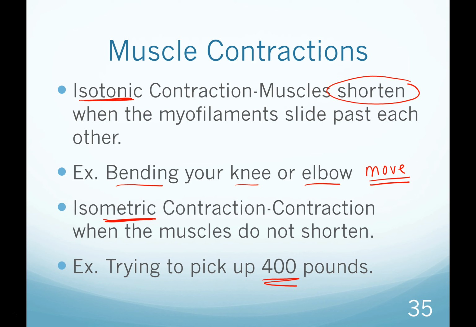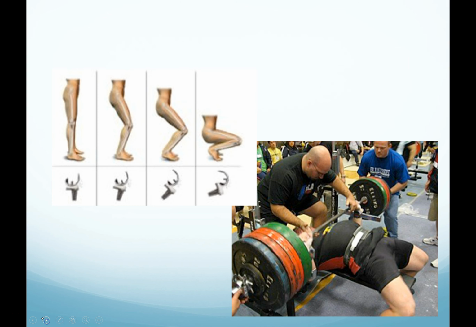So if we look at these fine pictures here, this would be our isotonic. And once again, you can see there that that person is bending. And this is going to help build up endurance. So for example, things like marathon running and long distance bike riding and so on.